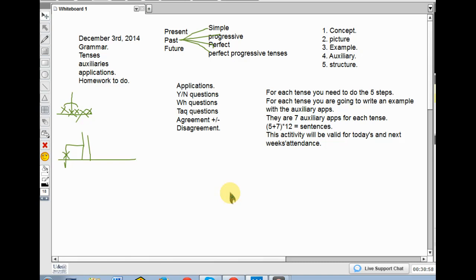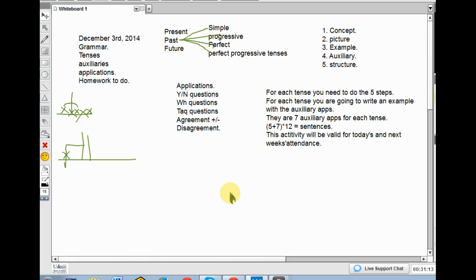If it is negative, so if it is disagreement, you are going to use the connector but, that linking word, but. There are other different kinds of linking words, for example, however. Okay? So, Maria likes reggaeton, but Susana doesn't.